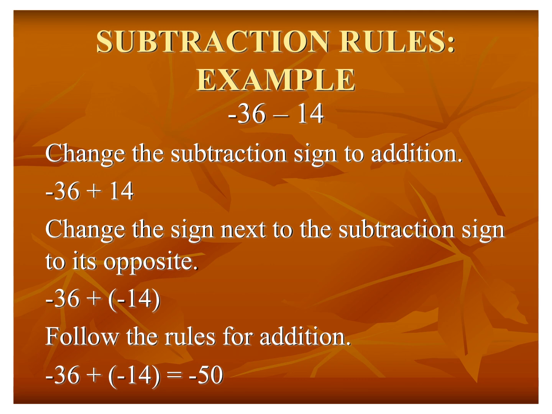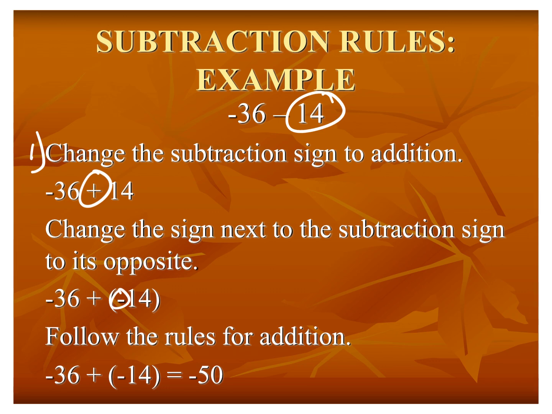Alright, and now we have a similar example. -36 minus 14. Again, first step, we're going to change the subtraction sign to addition. So it's no longer a minus, it's a plus. And then we change the sign next to the subtraction sign to its opposite. Because we had a +14 to begin with, we're going to change it to a -14.